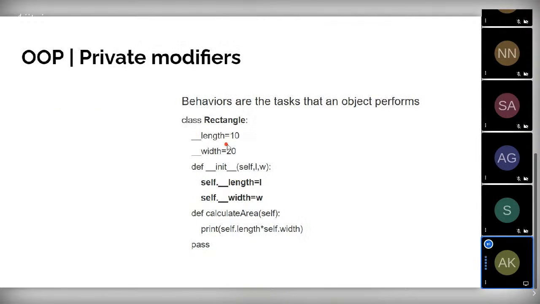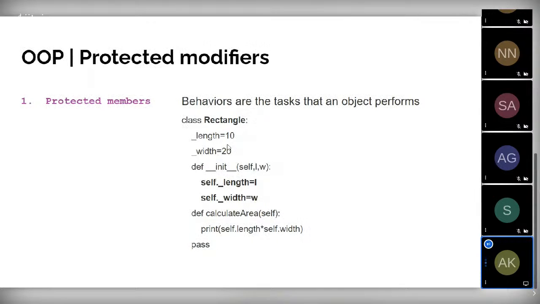Now the third type is protected modifiers. I told you that we have inheritance. Inheritance means if one class inherits the properties and methods of another class, this phenomenon is called inheritance. In case of inheritance, we create one more type of member, called protected members.